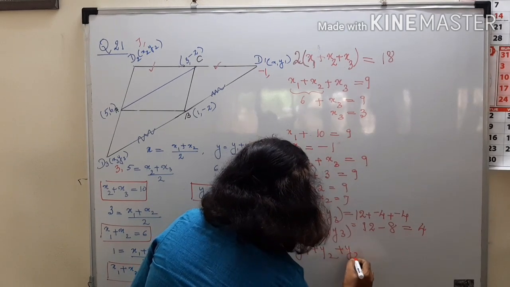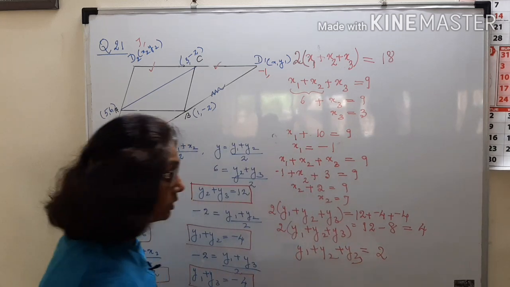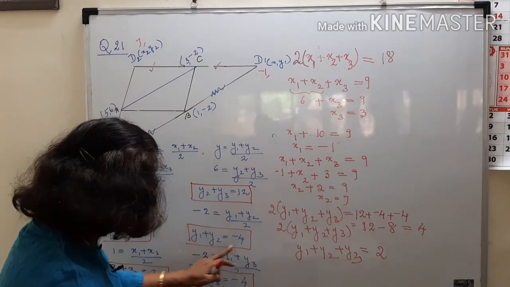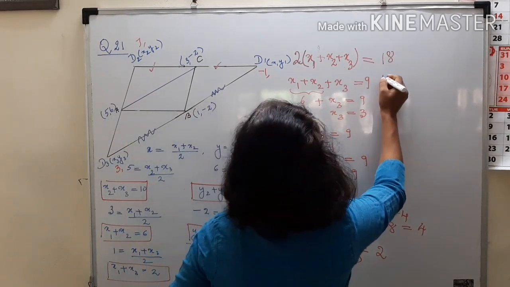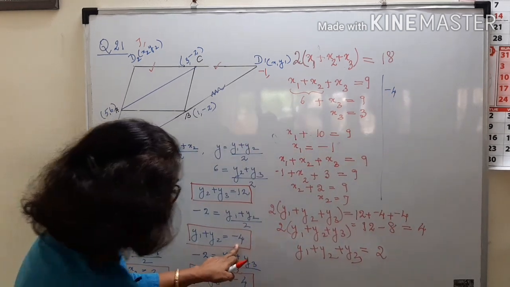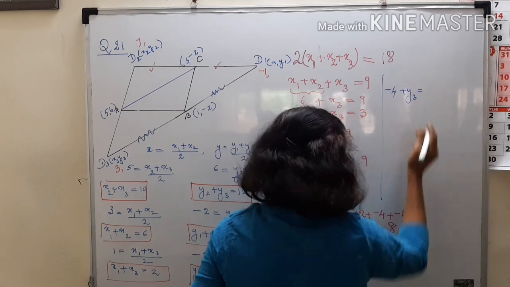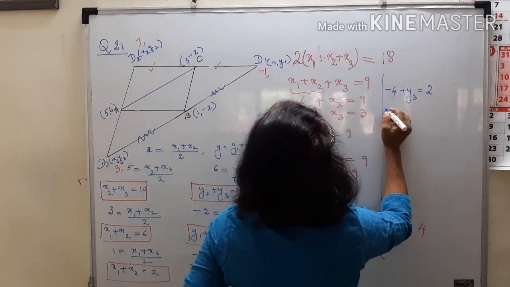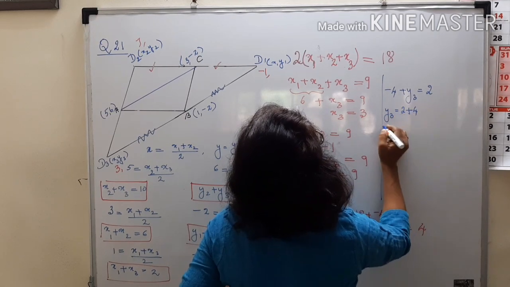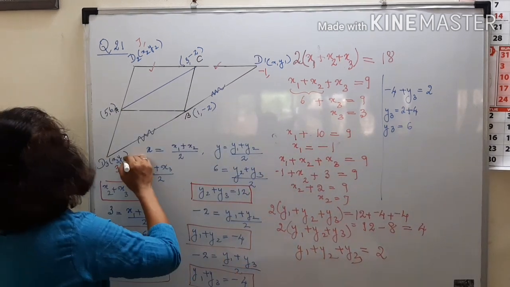So, y1 plus y2 plus y3 will become 2. Substitute the value of y1 plus y2, negative 4, so y1 plus y2 plus y3 is 2. So, what can y3 be? y3 is 2 plus 4. y3 will become 6. We write here 6.